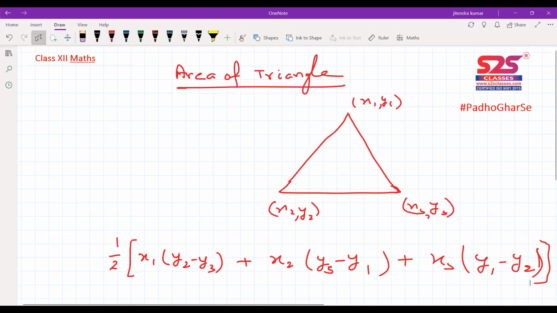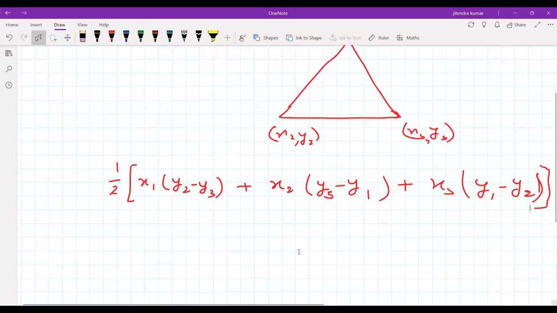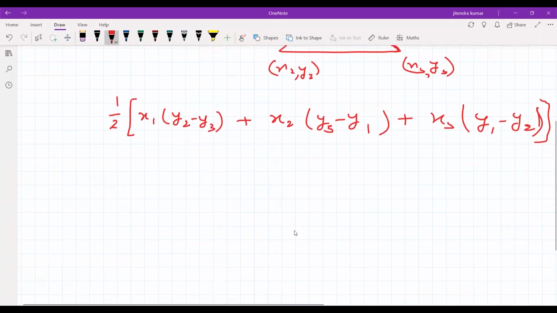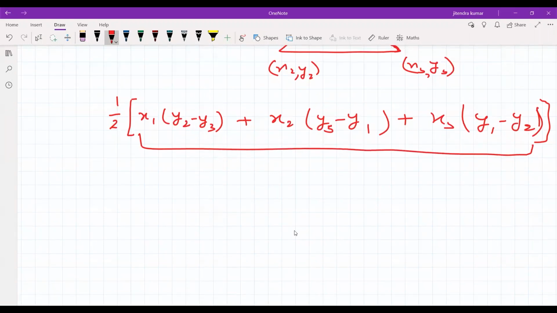Now the same formula we are going to apply using determinants. What we are going to do is write a determinant in this form so that on expansion of that determinant we will get the same thing: x1 into (y2 minus y3), x2 into (y3 minus y1).